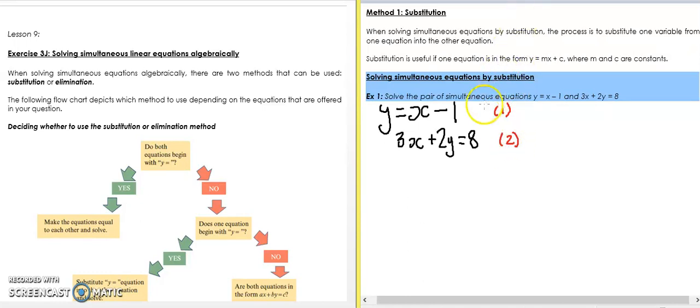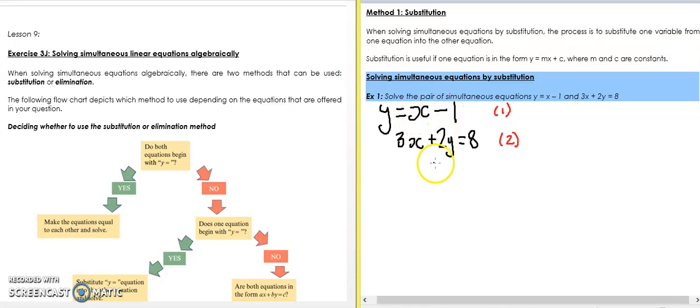Okay. So where it says here, we're going to substitute y equals into the other equation, all it is saying is that in this second equation here, we have a y, and in fact we have a 2y. Anywhere we see a y, we're going to substitute it with an x minus 1, because the first equation is saying that y is equal to x minus 1.